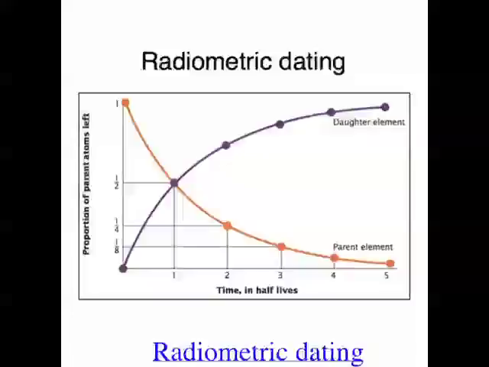Now, if you found a fossil, an organic substance, and you want to find out how old it is, another type of radiometric dating is carbon dating. Basically, the stable isotope carbon-12 is found in living things, but there's also a radioactive isotope called carbon-14, and they're in constant proportions.